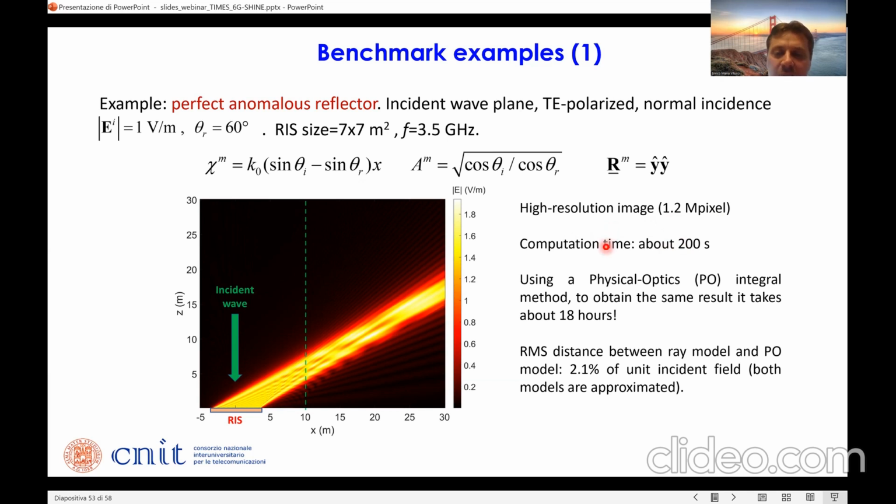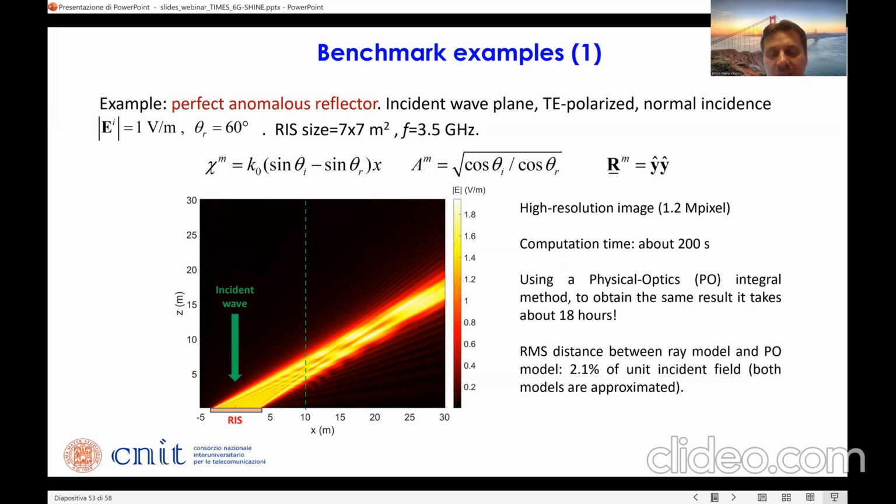And the computation time in this case, despite the very large set of receivers, is of the order of tens of seconds, and it might be improved if we parallelize the computation on the different tiles of the RIS, while computing the same result with other methods would need a much higher computation time. It would be unfeasible in practice using full wave simulation.